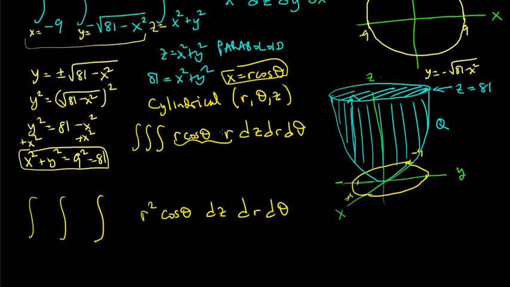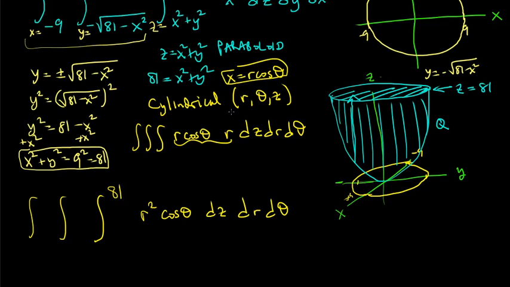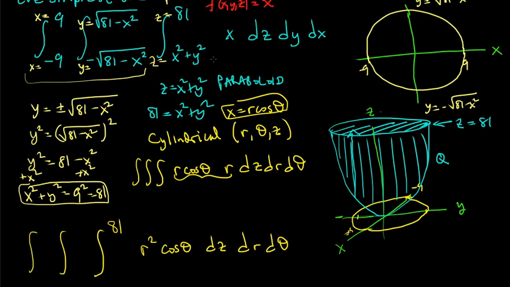For z, it's going to be the same as in rectangular, right? The top surface is 81, so z equals 81. And the bottom surface is z equals x squared plus y squared. Of course, there's no x or y in cylindrical. Those are rectangular coordinates. But you should know the conversion here. X squared plus y squared is really just r squared.